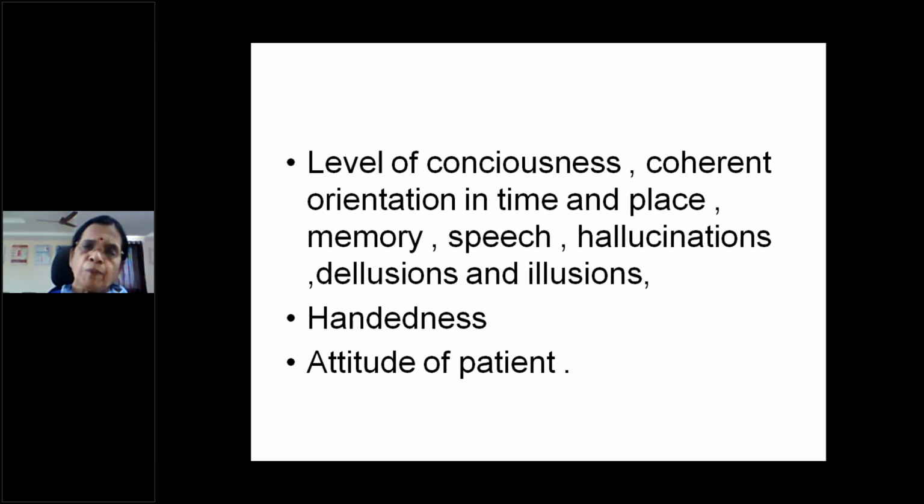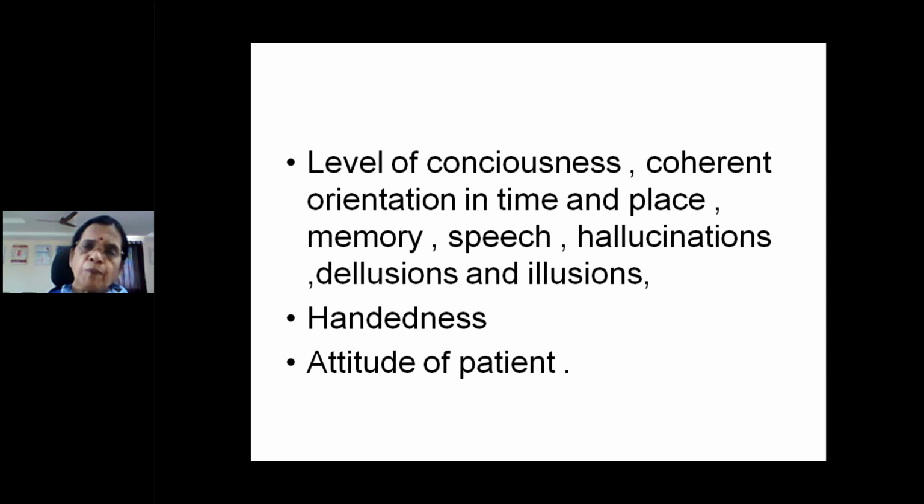Next, memory. For memory, you have to ask for recent events and then past events. Usually in dementias, the patient will have loss of recent memory. What he has done a moment ago, he will forget, but he remembers the olden days and can narrate those stories.